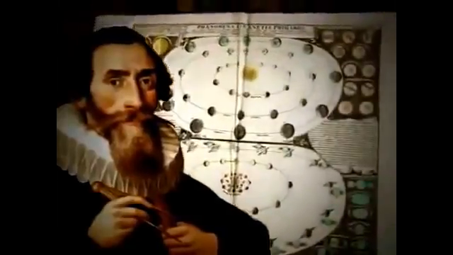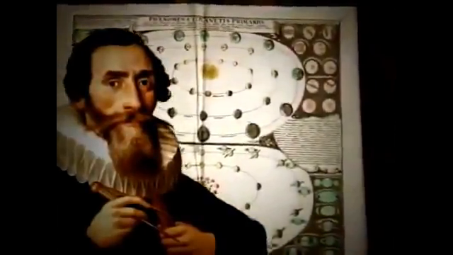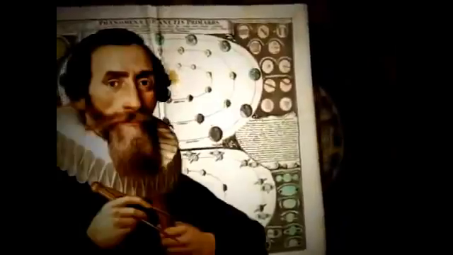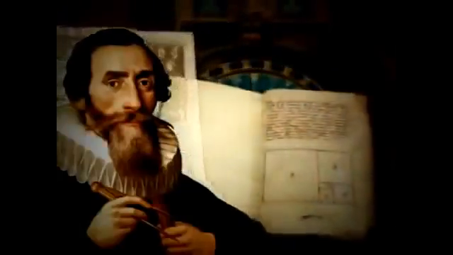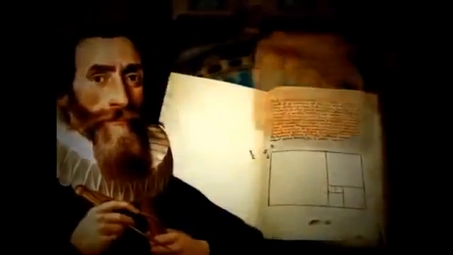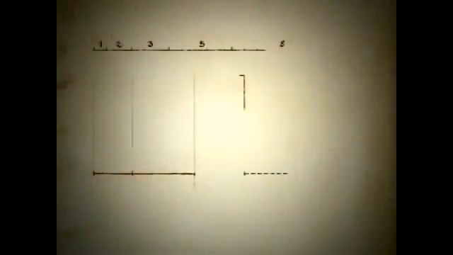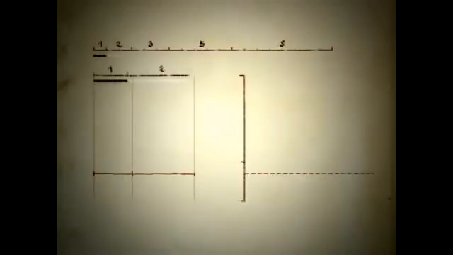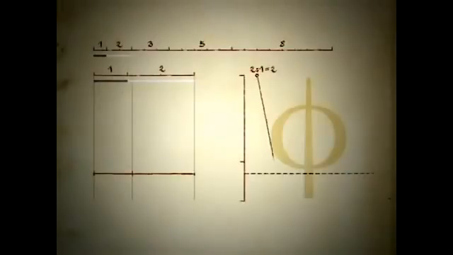Around 1600, Johannes Kepler, known for the Kepler laws of the movements of planets, discovered the relationship between the Fibonacci numbers and the golden section. He observed that the relationship between a number in the Fibonacci sequence and the previous number more and more closely approaches the irrational number phi the longer the sequence is continued.